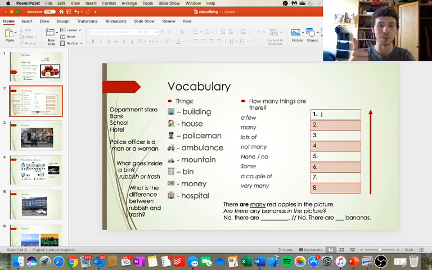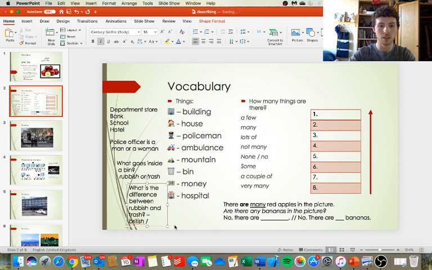They're good. American people say trash and British people say rubbish. British, American, English.